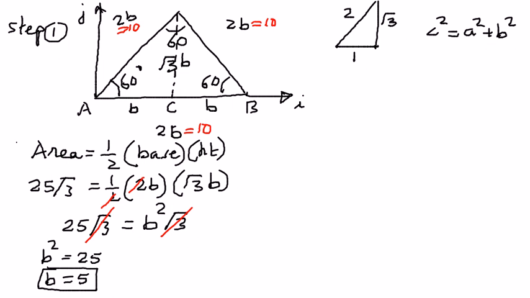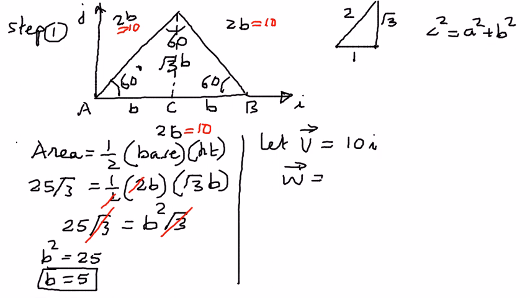Therefore, from here, we can now write this as, if we let v be a vector, then one side is going to be equal to 10i, and the other side, if we call that vector w, is going to be equal to 10 times cosine 60 degrees i plus sine 60 degrees j, right?